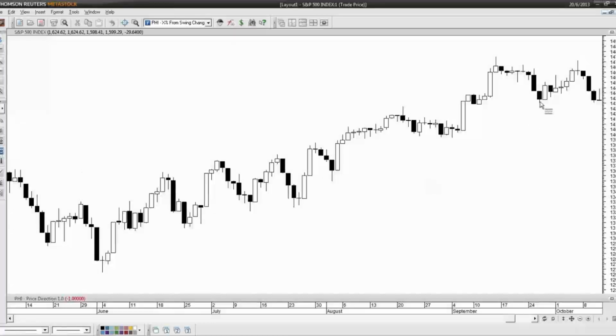We would actually enter at this point here, and our stop loss would be that point up there. So by using the Fibonacci, it automatically gives you your entry level, which in this example was around 1430 to be more exact, and your stop loss you would place at 1470, and your first target would be 1405, and your second target would be 1365, and the ultimate target would be 1300.